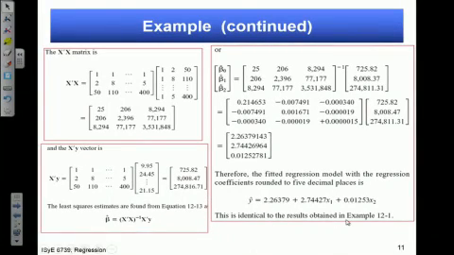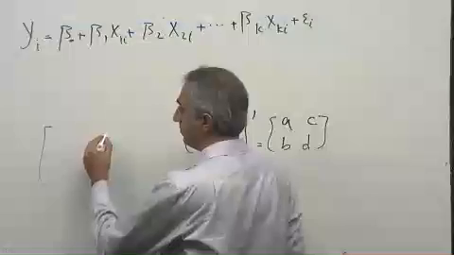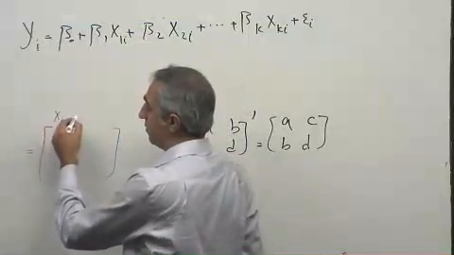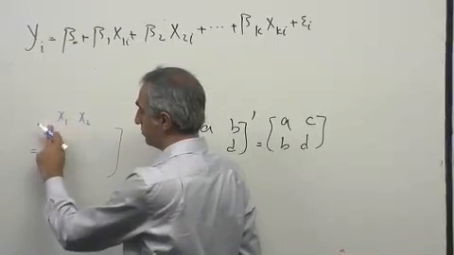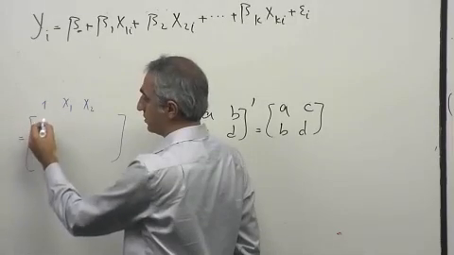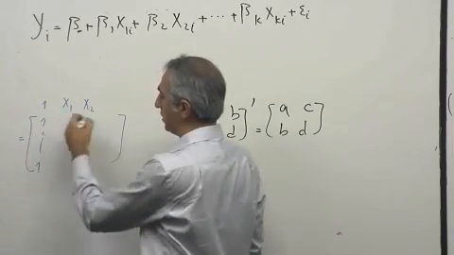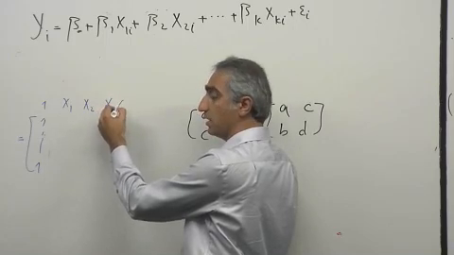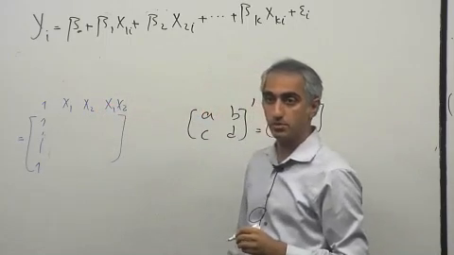So what if I want to have x1 times x2? What's going to happen? I have x1, I have x2, I have 1s. These are all 1s. I need to add 1 column, which is x1 times x2.